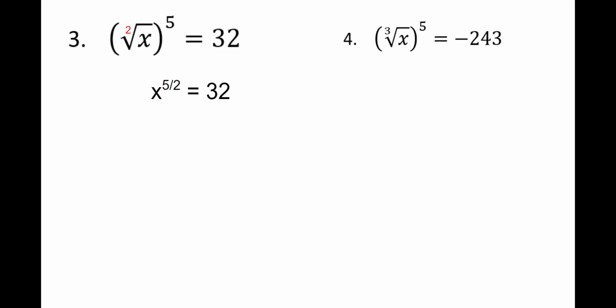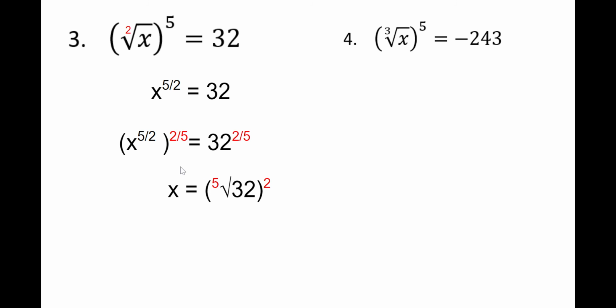Once you get that done, it proceeds just like the other two. We take both sides to the 2/5 power, the reciprocal power. And now we'll do the 5th root of 32 squared.